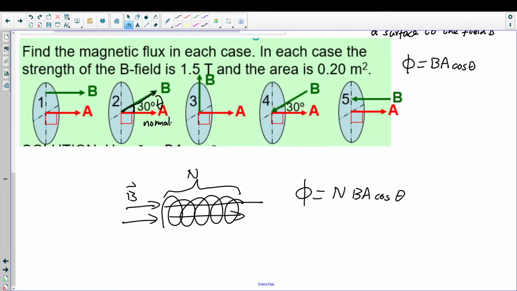And that, of course, is called the magnetic flux linkage. Basically, it's a fancy way of saying you have N loops linked together. It's a bunch of flux linked together, so it's a flux linkage. Nothing special there.